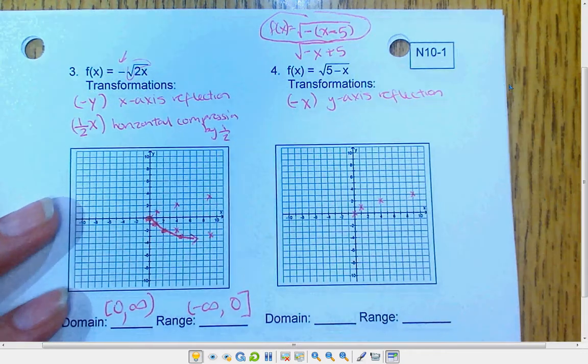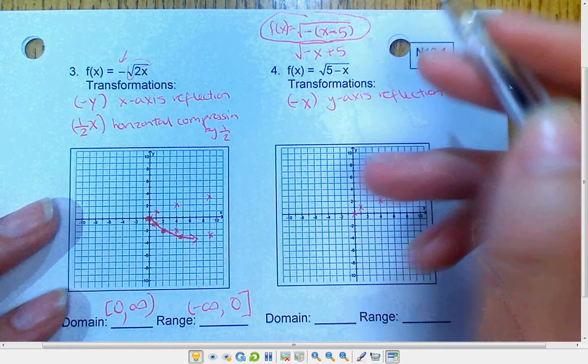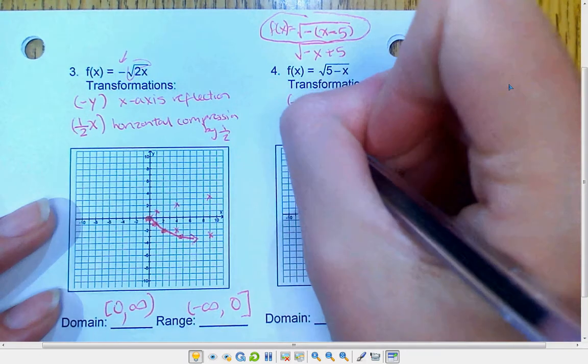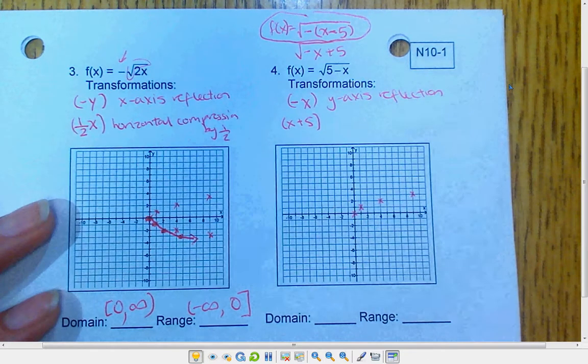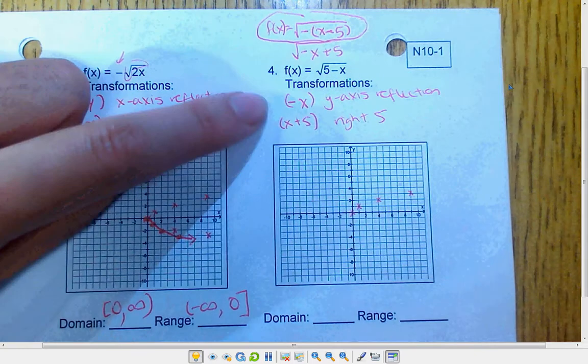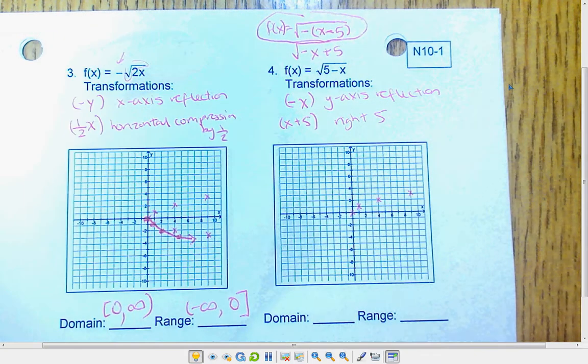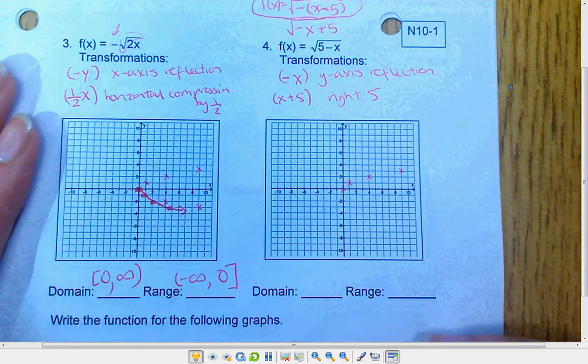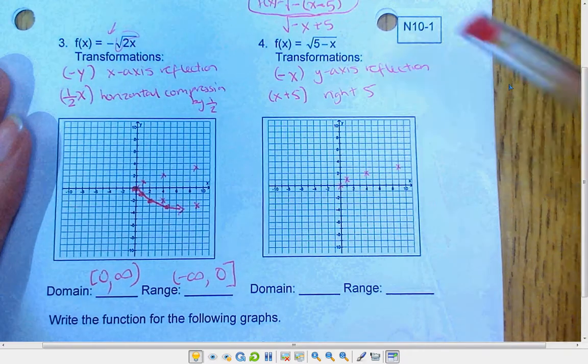And then we have this -5, which we know is affecting our x as well, but because it's our x's, it's going to be the inverse, so we're going to add instead of subtracting, which means we're moving to the right. We always multiply before we add or subtract, so we're first going to do the y-axis reflection before we do the shifting right. So first thing, let's reflect across the y-axis.